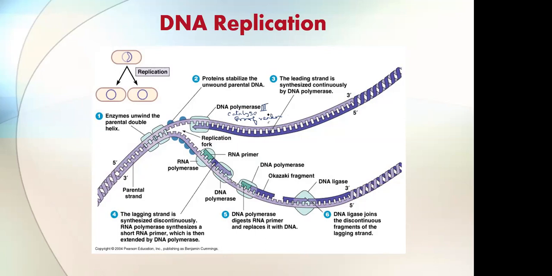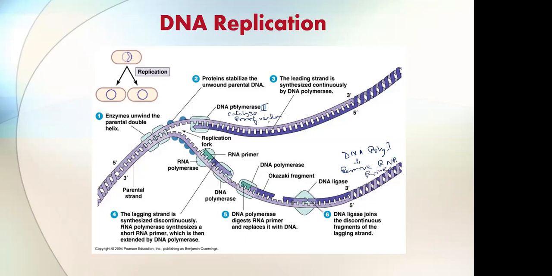Okay, so which is the main catalytic enzyme for the DNA replication? DNA polymerase 3. And make sure you remember what DNA polymerase 1 does, it actually picks up or removes that RNA primer.